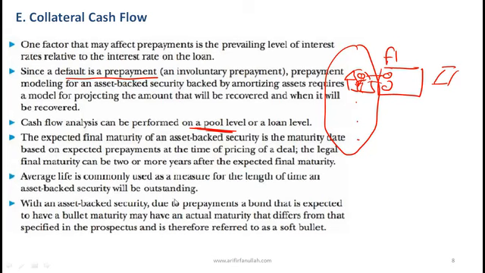That's straightforward. With an asset-backed security, due to prepayments, a bond that is expected to have a bullet maturity may have an actual maturity that differs from that specified in the prospectus and is therefore referred to as a soft bullet. These last points, the basic idea is that the amount of time that we expect an asset-backed security to last might be different from actual.